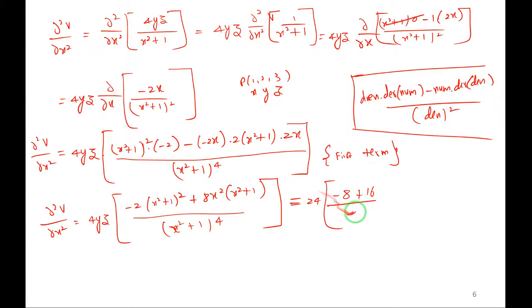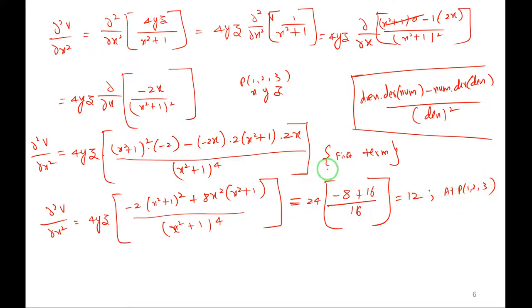It is 16. So we calculate this. 16 minus 8 is 8 only, 8 into 24, 192 divided by 16. So I'm getting 12 as the first term, after substituting the values at point P, at P of 1 comma 2 comma 3.